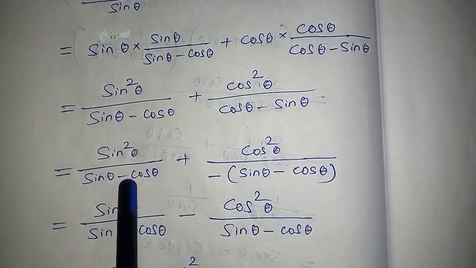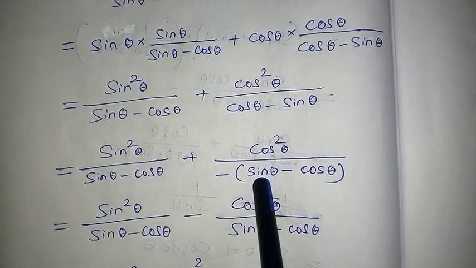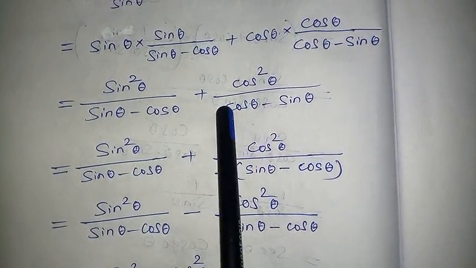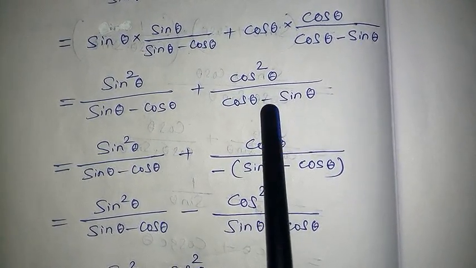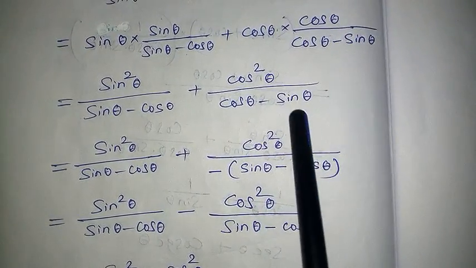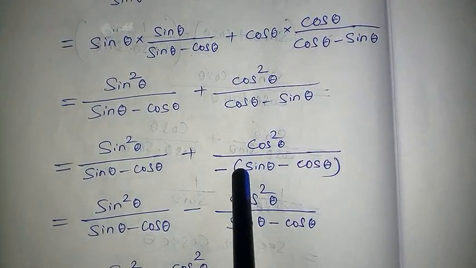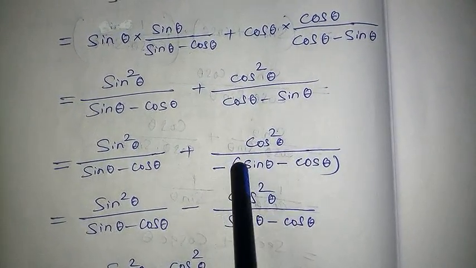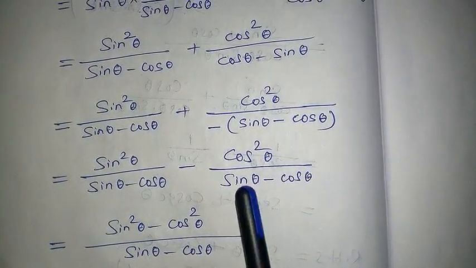So sin theta minus cos theta: to make it here also sin theta minus cos theta, I took minus common from here. If I take minus common, minus will become plus and plus will become minus. So you can see minus sin has become plus and plus cos has become minus, and the minus is common here.